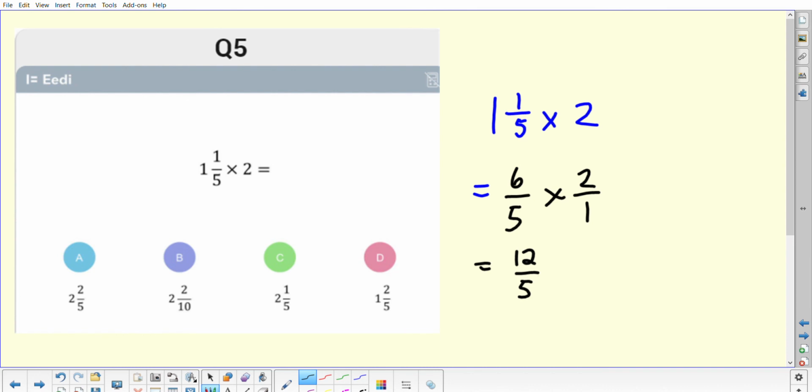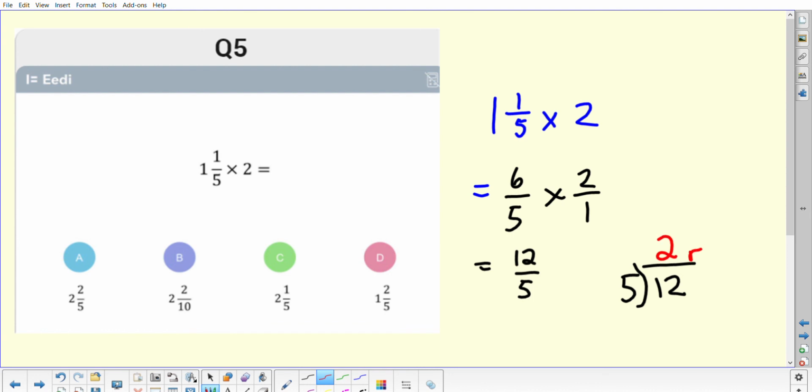That is a top-heavy fraction. Notice that none of the answers look like that. So what have they done? They've changed it back into your mixed fraction form, and the way to do that is you divide by that bottom number. So 5 goes into 12 2 times.